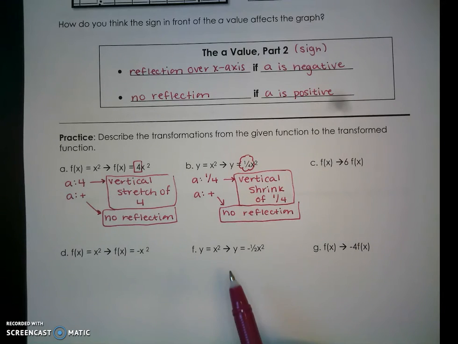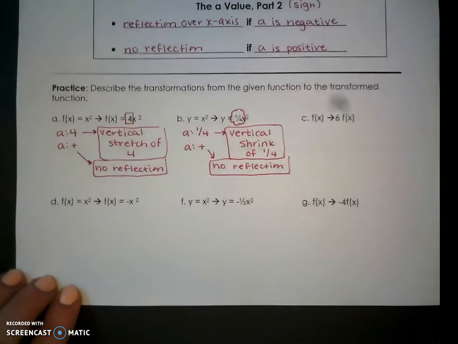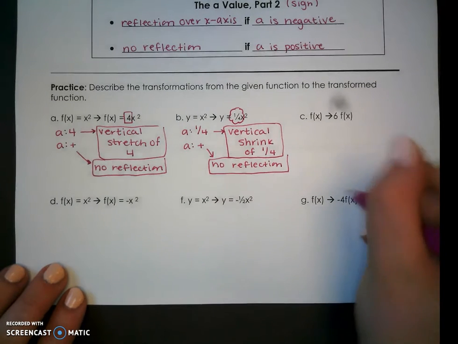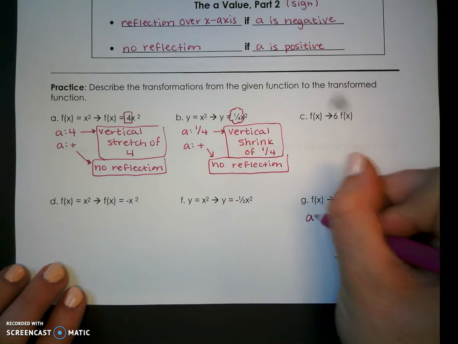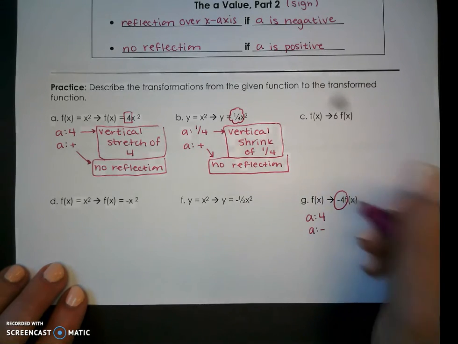C, D, there's no E, C, D, F, and G are written a little bit differently, but it still works the same way. The number out front is still your a value. So like on letter G, this -4 is your a. So the number part is 4, the sign is negative.